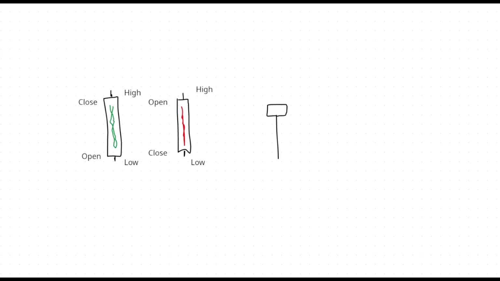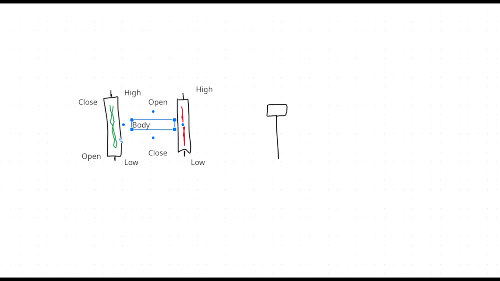So the body is always the part of the candle that's here, and not the wicks. The wicks are the wicks. The body is the open and the close. So even on what we call a hammer, there's a body, but the body is smaller, and we see more emphasis on the wick.